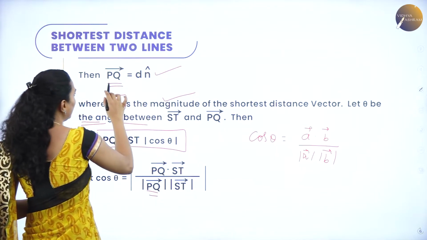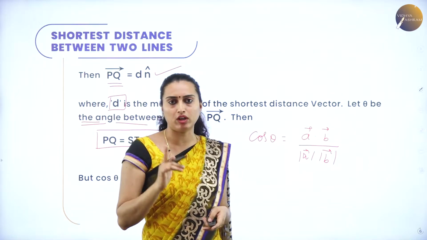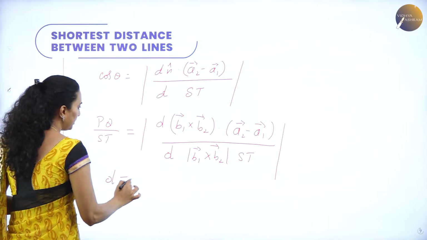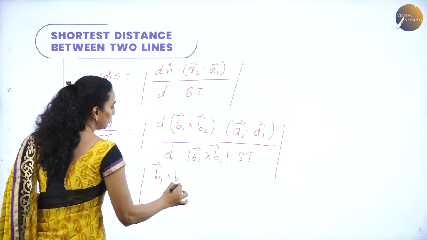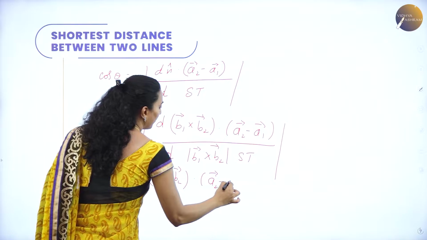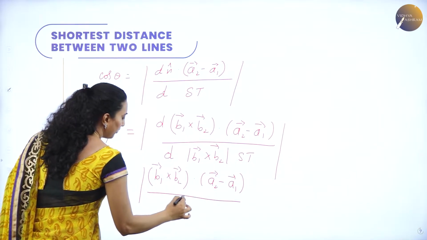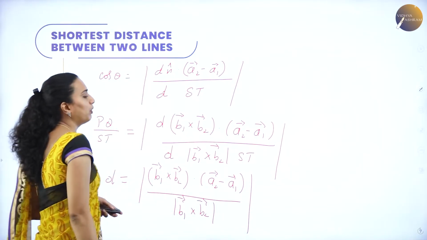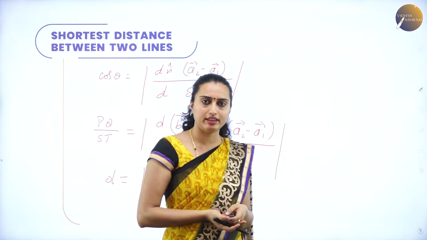PQ is nothing but what? D into n cap, where n cap is a unit vector, the magnitude of n cap is 1 always. So therefore we can write D is equal to magnitude of B1 cross B2 dot A2 minus A1, divided by magnitude of B1 cross B2, and this is the formula for the shortest distance between the lines L1 and L2.